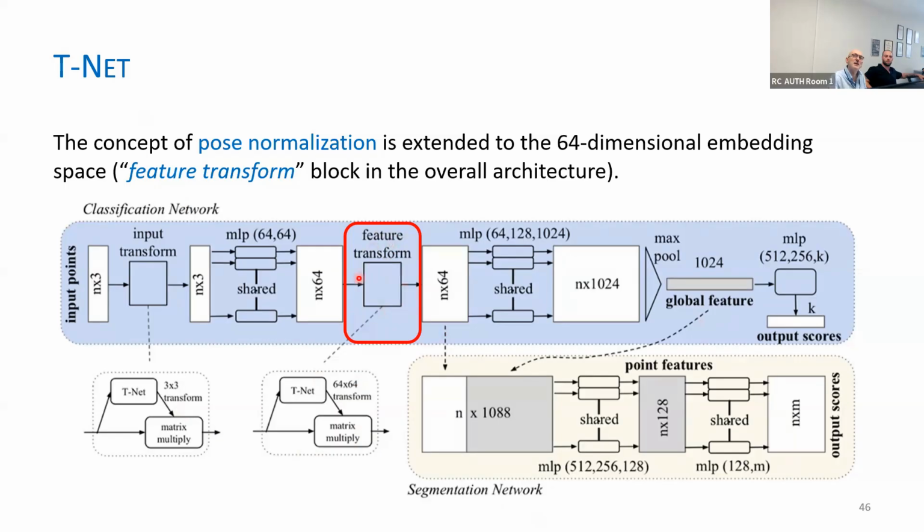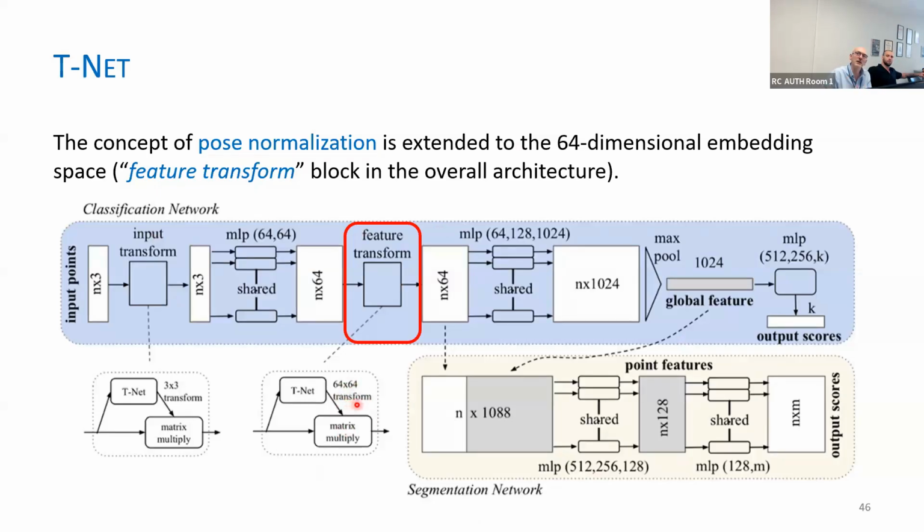So the idea, this is maybe something not so intuitive, is that they perform this transformation, this normalization of the position, also in the feature space with dimensionality 64. So in this case, this matrix will be a 64 by 64 matrix.